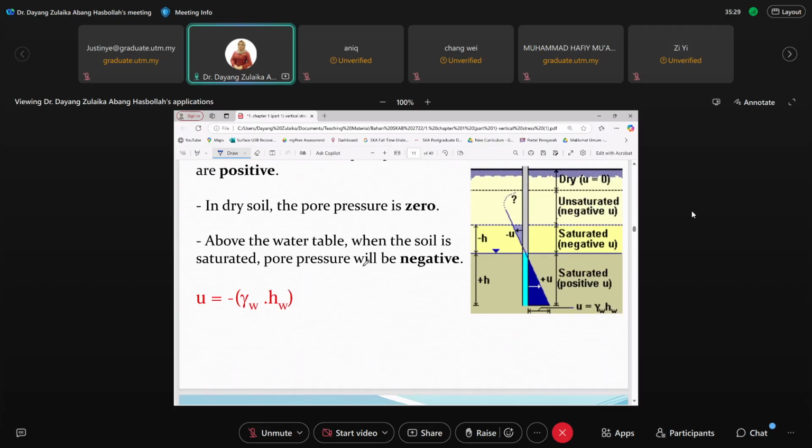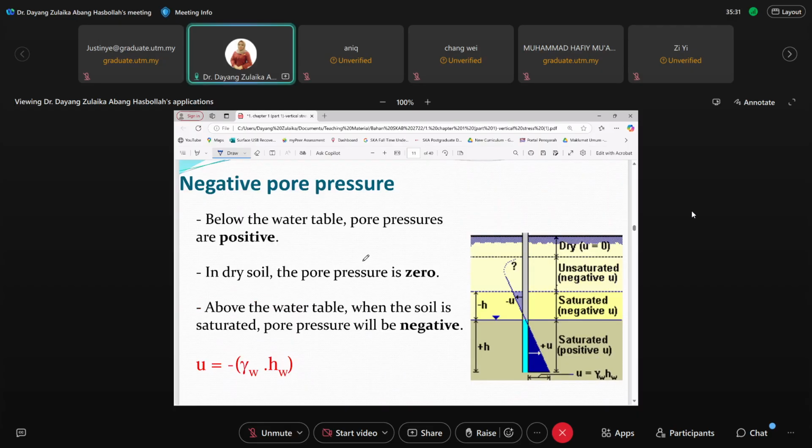So let's take a look at this. We also have negative pore pressure, but you don't have to worry about this because we are not going to look deeper into it. But you have to know that if the question says the soil is dry, it means the pore pressure is 0. There is no water inside the soil.